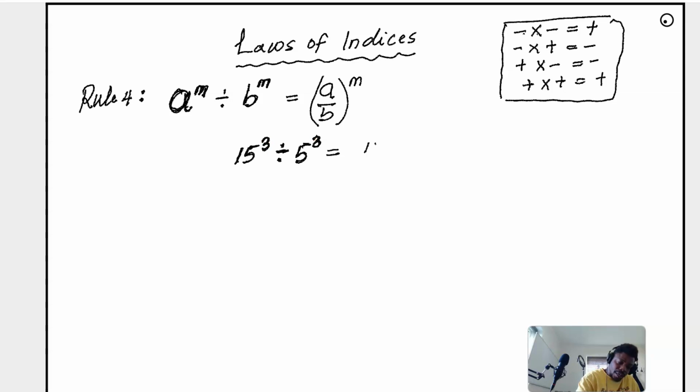So here I will say 15 divided by 5, just the same way I have A divided by B, because they have the same power. Then I will maintain one of the power, which is 3. So 15 divided by 5, how many 5 can you get in 15? That is 3. So that is 3 raised power 3. Remember, 3 raised power 3 means 3 is multiplying itself 3 times. 3 times 3 times 3, which is 27.